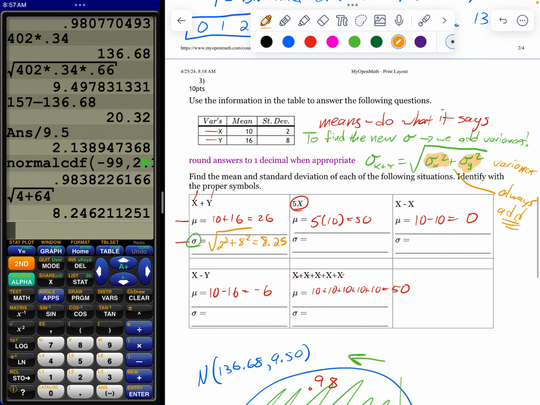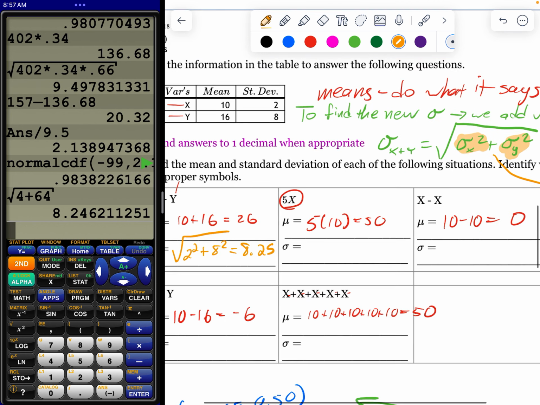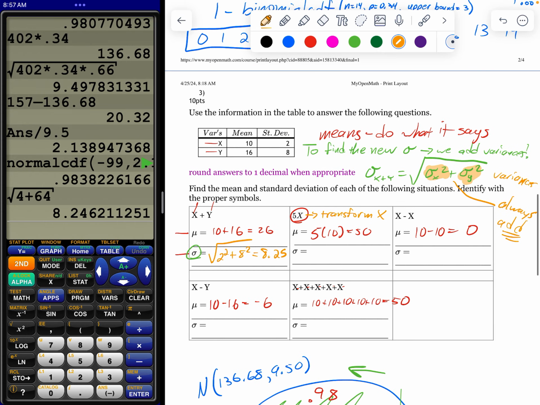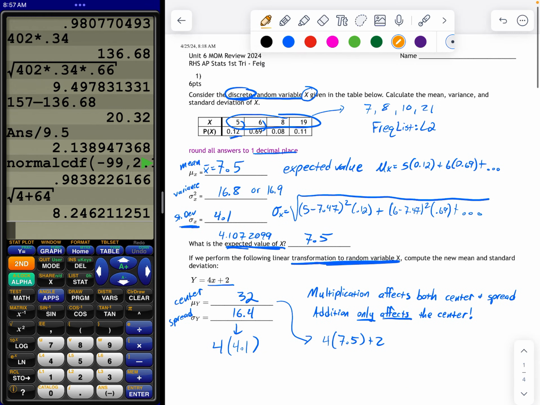Now, let me skip over, well, no. So 5 times x. This is really sneaky. This is more back to just transforming the x variable. This is not like combining data sets, okay? This is actually going back up to here.